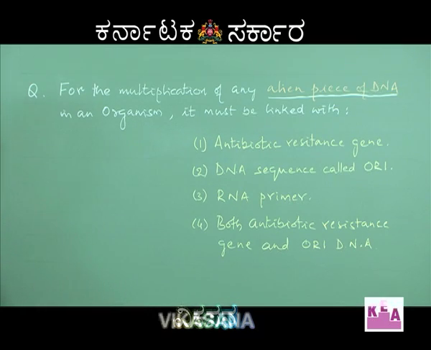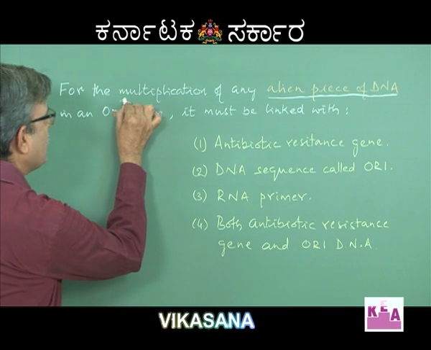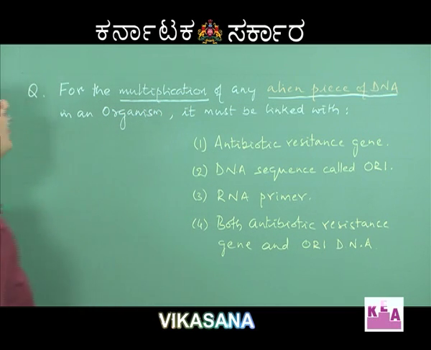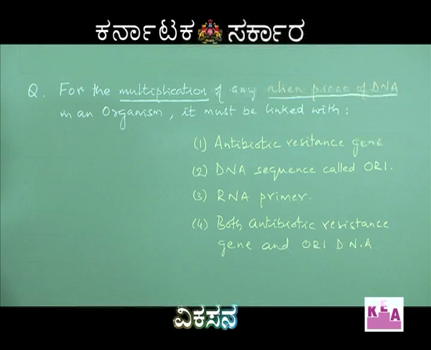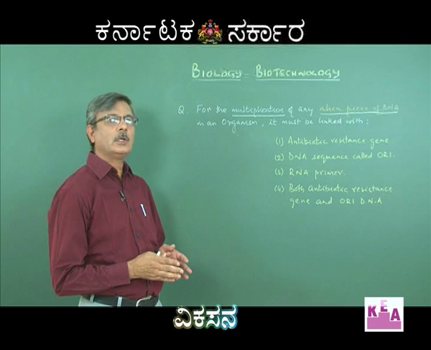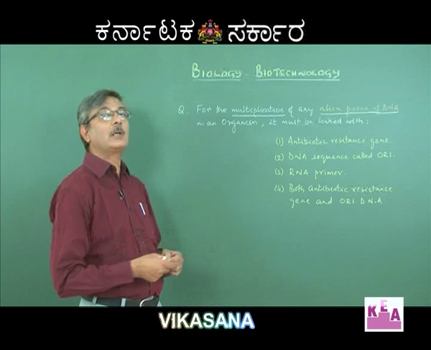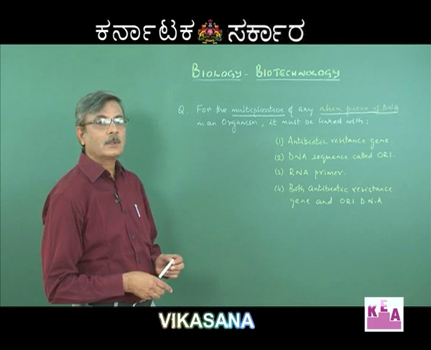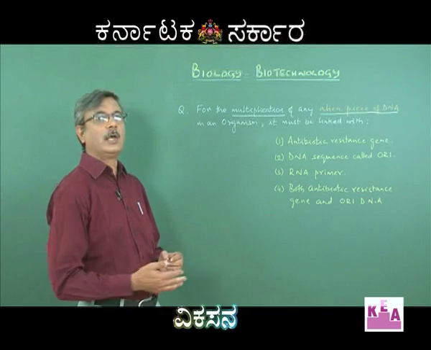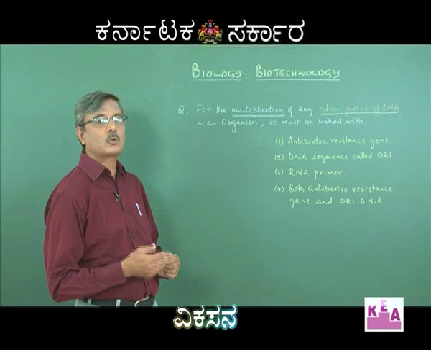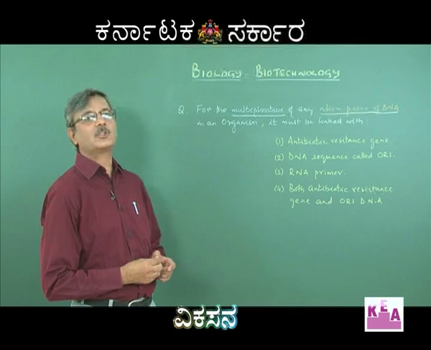For the multiplication, so I underline this also, of any alien piece of DNA. Alien piece means the gene of interest, which we are going to put into the organism of interest, where it has to multiply so that my gene, what I have put there, has to express and I should get the product of that gene.